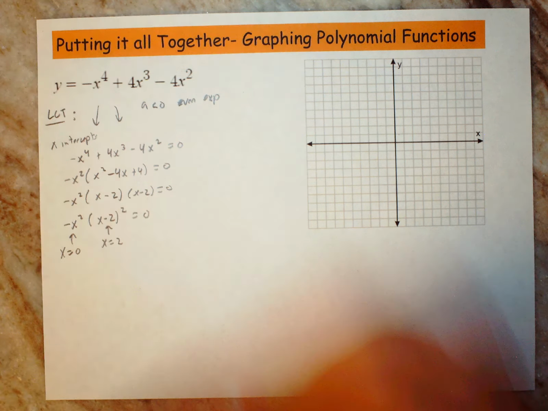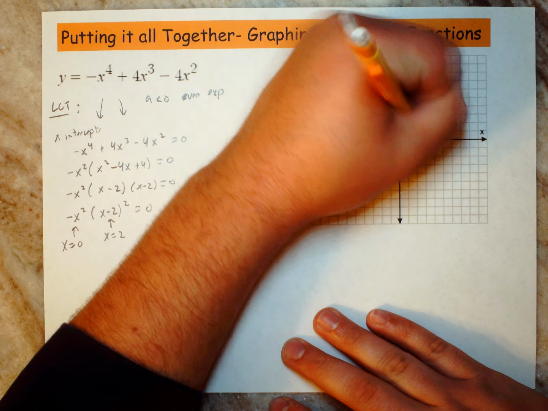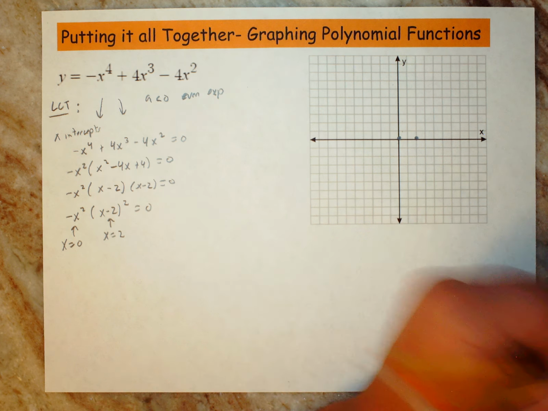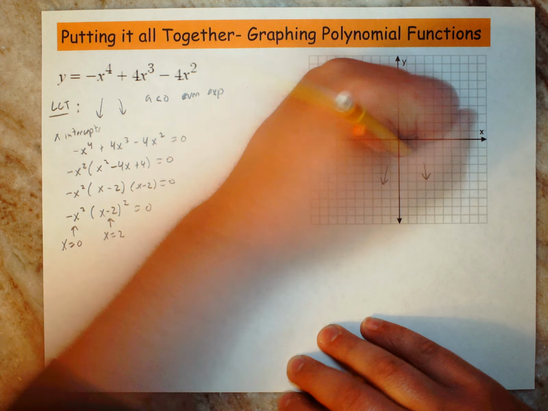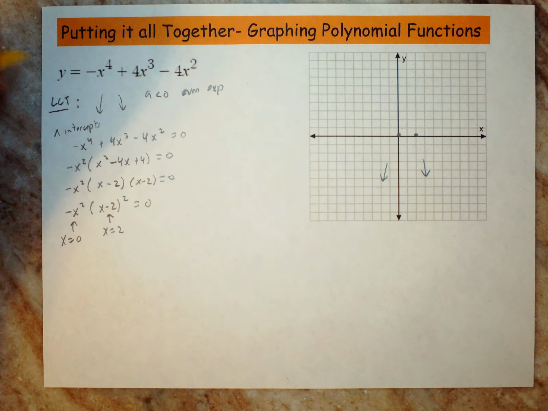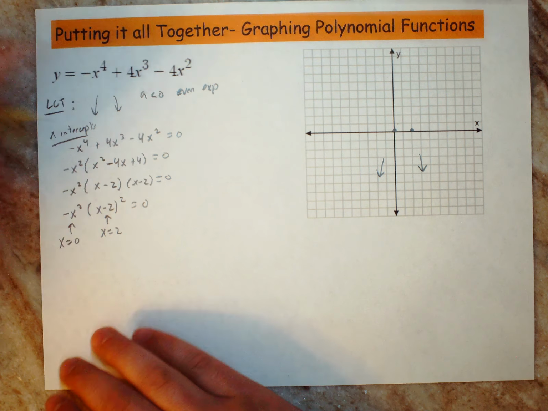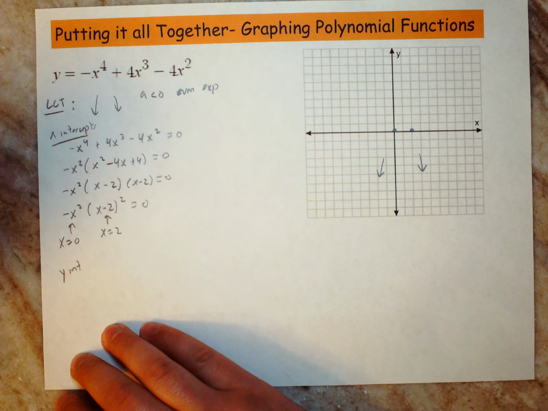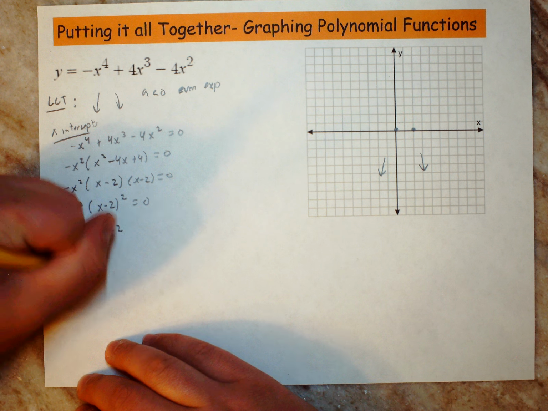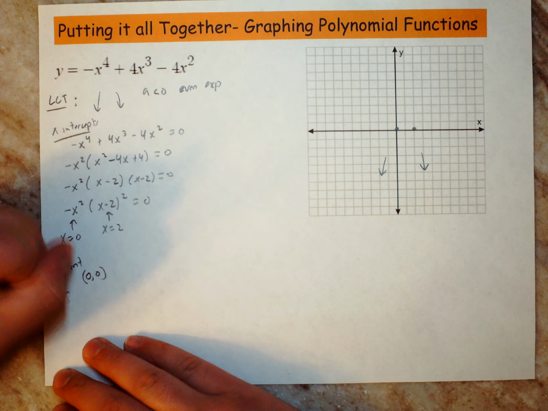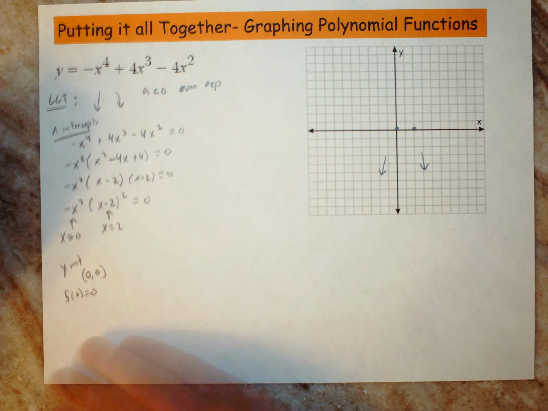So I'm going to plot those. 0, 2. My end behavior is down and down. So now, if you look at the zeros, let's do our y-intercept first. The y-intercept is just going to be at 0, 0, because if you do f of 0, you will get 0.